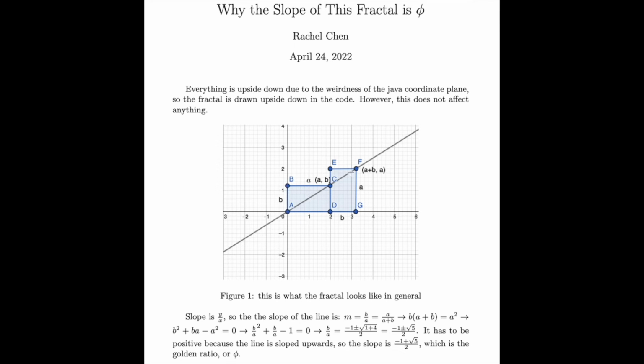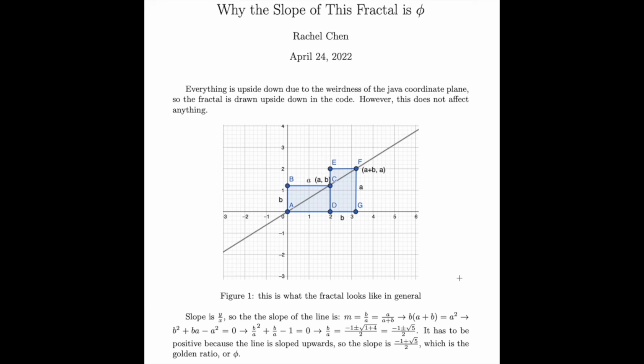But the slope is also a over a plus b, because this has length a and this has length a plus b. So cross multiplying, we get b times (a plus b) equals a squared. So b squared plus ba minus a squared equals 0. Dividing by a squared, we get (b over a) squared plus b over a minus 1 equals 0.